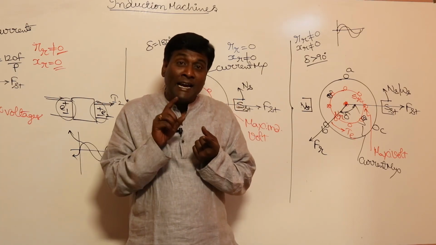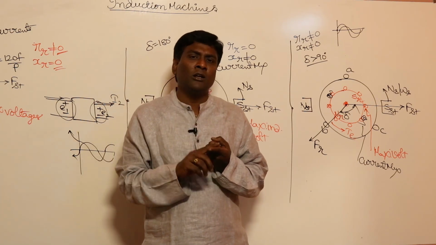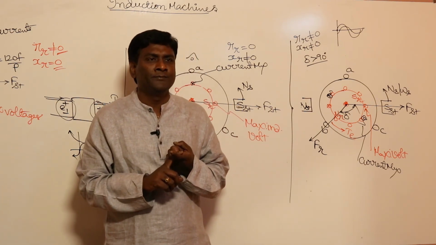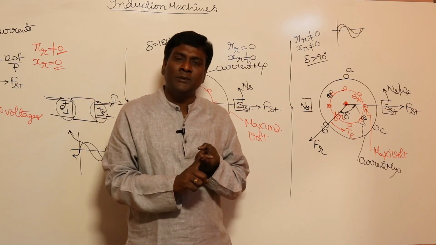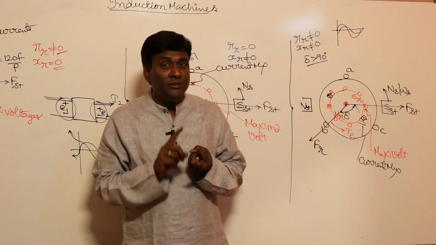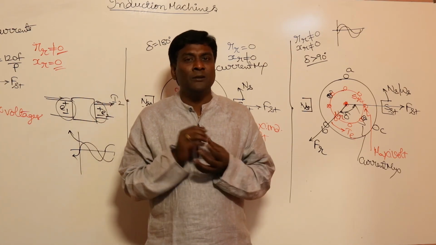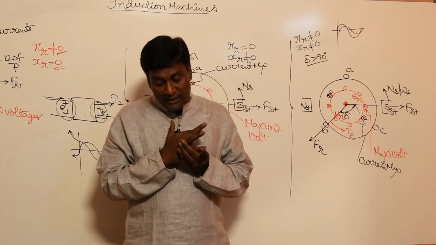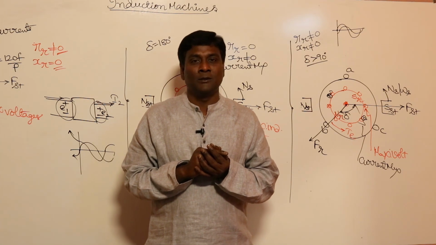For example, in the ideal case of a DC machine, generator or motor, how much will be the efficiency? 100%. If you think of the ideal case of a synchronous machine, how much is the efficiency? 100%. If you think of an ideal transformer, efficiency 100%. But if you think of an ideal induction motor, efficiency will be less than 100%.